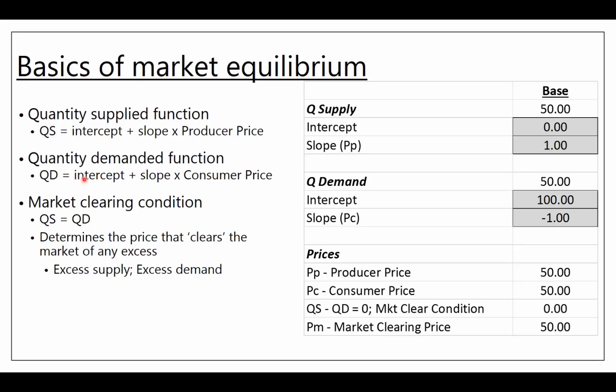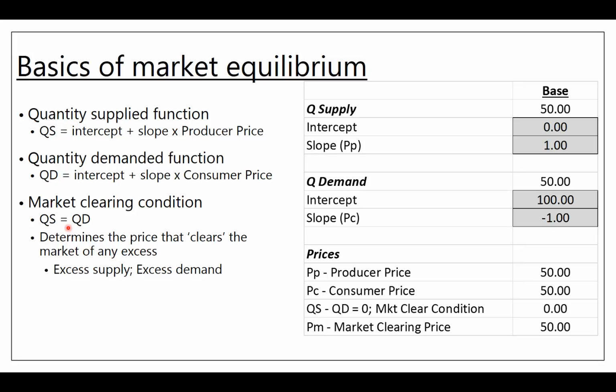We have a quantity demanded function, QD. It's the same format, so it has an intercept. We're using linear supply and demand. It has an intercept and a slope, and that slope multiplies by the price and gives us these results. And then the final thing we have is what we call the market clearing condition. It's great to have a supply function and a demand function, but if you want to have a market-based analysis, it needs an equilibrium condition, and this market clearing condition is that equilibrium condition.